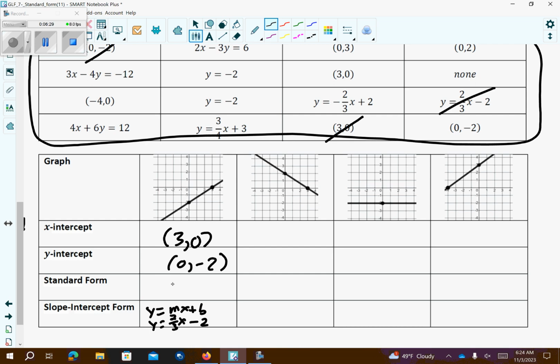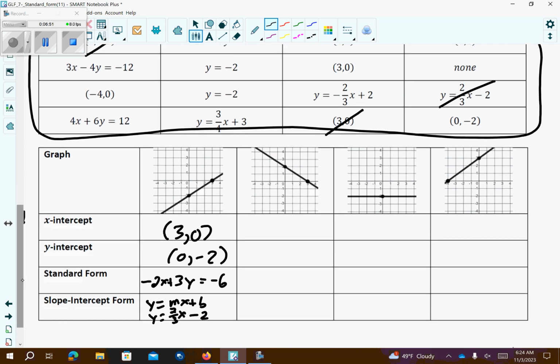So I'm going to get a 3y. It's going to be negative 2x plus 3y is equal to negative 6. And let's see where that one would be. I don't see it up there. Maybe we made a mistake on our chart.